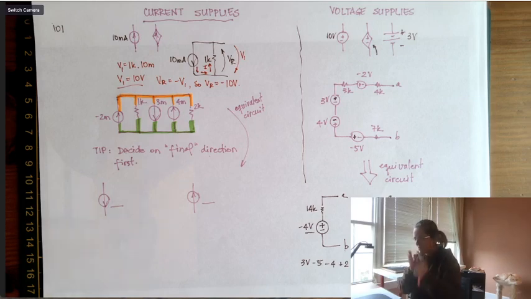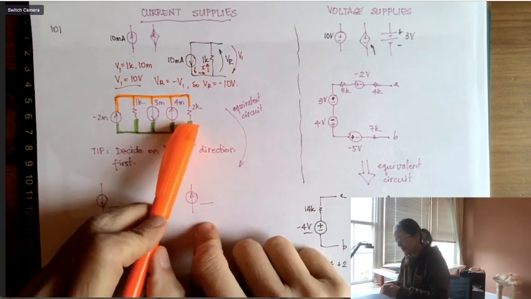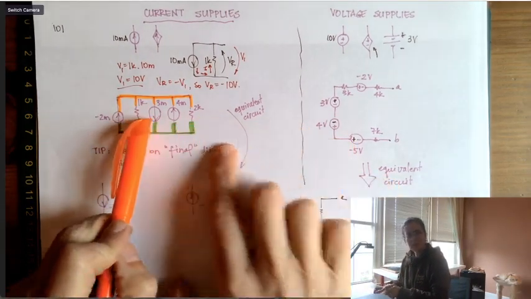So between orange and green, everybody who's between orange and green is in parallel with each other. So here the minus 2 milliamps, 1K, 3 milliamps, and 4 milliamps, and 2K are in parallel. This means we can swap them all we want. It's a free-for-all. So the 2K is in parallel with the 1K.